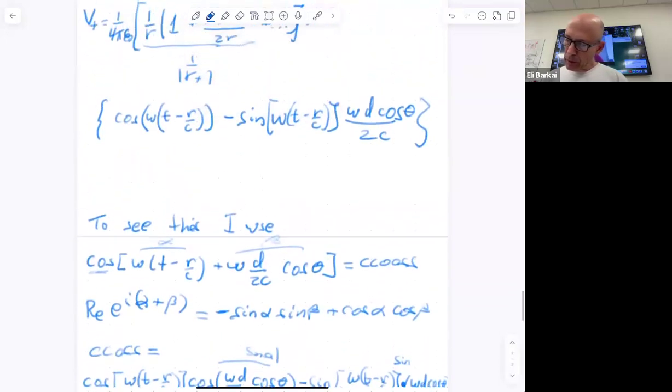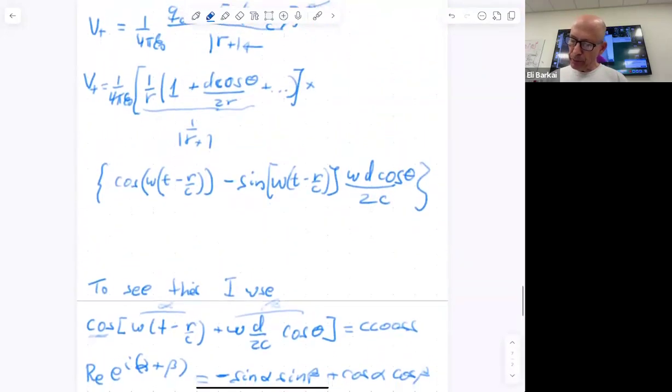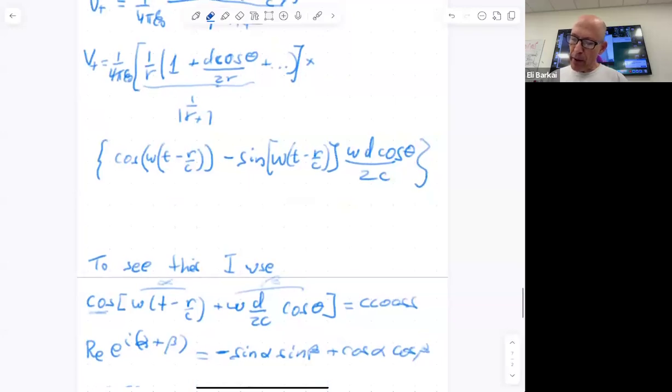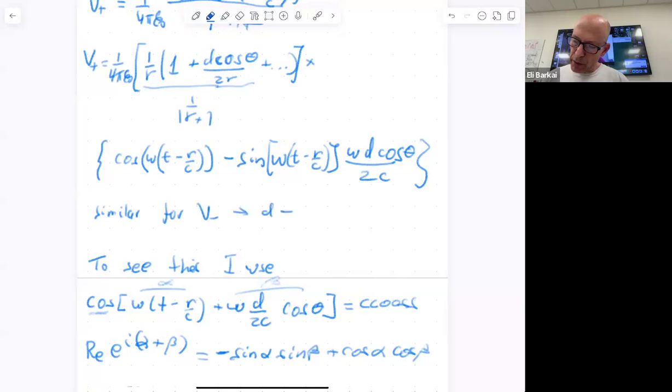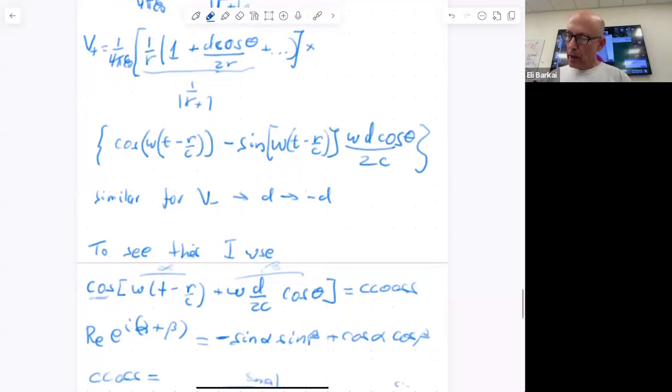Okay? So this is the v plus, and we have a similar one for v minus. Just take d to minus d, which means this minus sign will be changed, and then you can do the math easily.